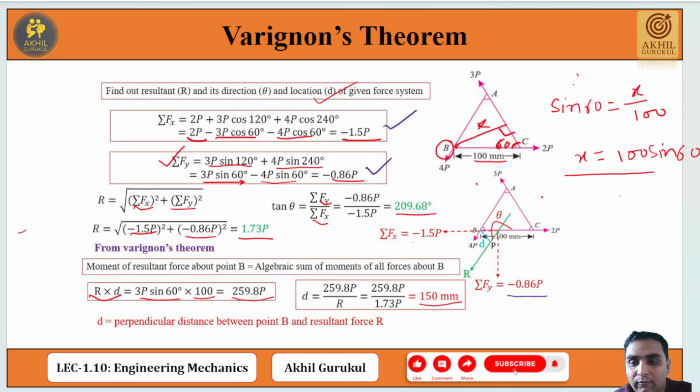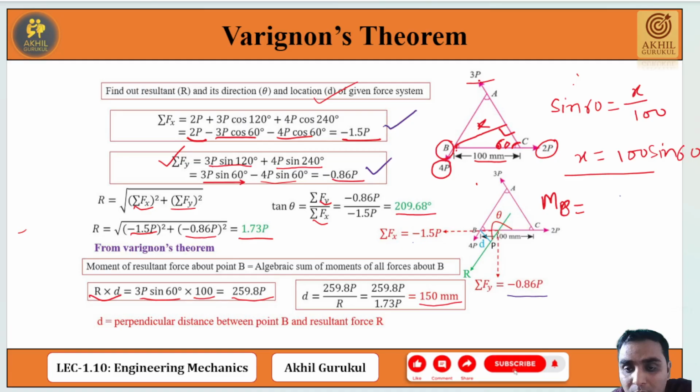So the moment of all forces about point B: the moment of 4p about point B should be 0, the moment of 2p about point B should be 0. Only 3p has a moment about the point.